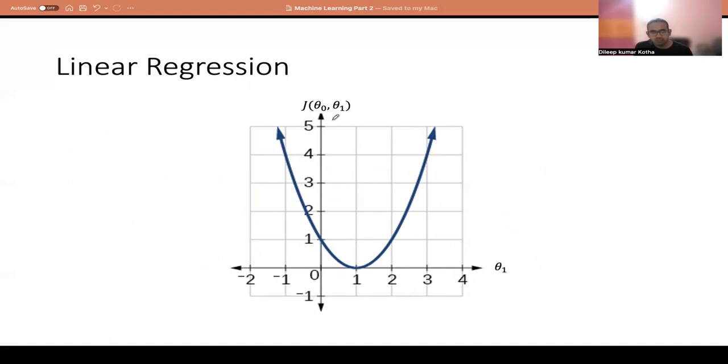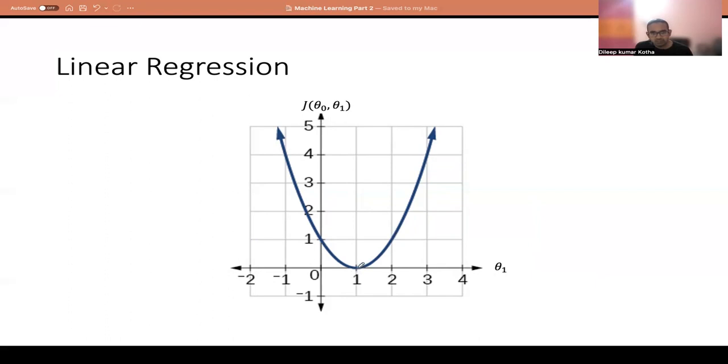So here this is a cost function being plotted for different values of theta 1. When theta 0 is made constant, just 0, and you keep changing the theta 1 values, you can see the cost function getting deviated. And you will get the minimum cost function only when theta 1 is equal to 1.